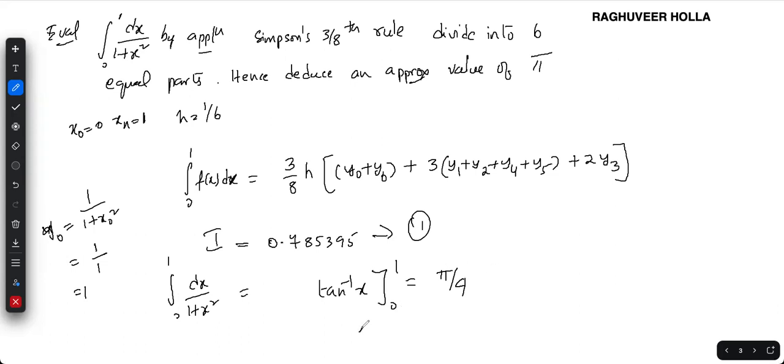So from this, you got this result: 0.785395 is pi by 4, or the pi value is 3.14158. So this is the approximate value.